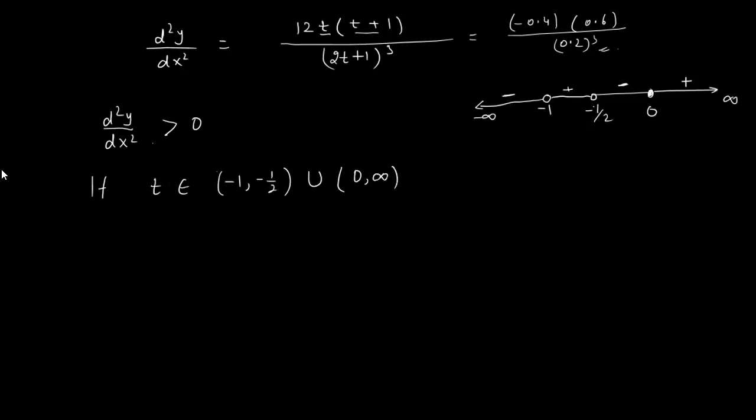So if t belongs to this interval, we can rewrite it like t is more than -1 and less than negative half, or t is more than 0, then our function is concave up. And when t belongs to the other intervals, then our function is concave down.